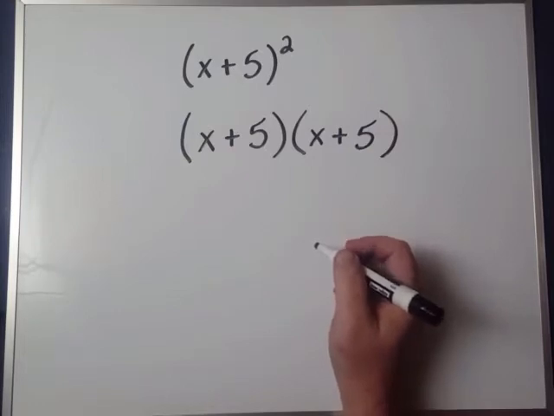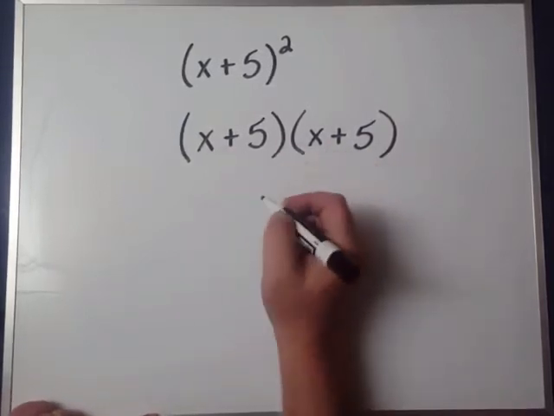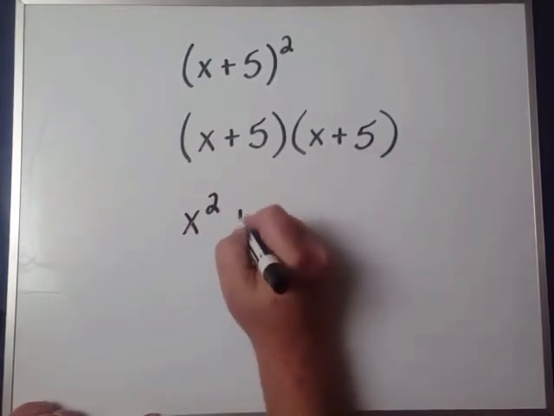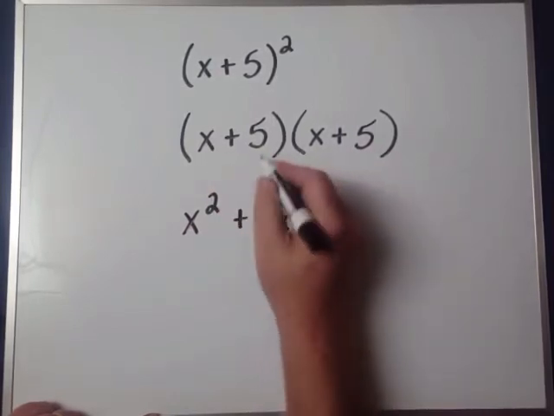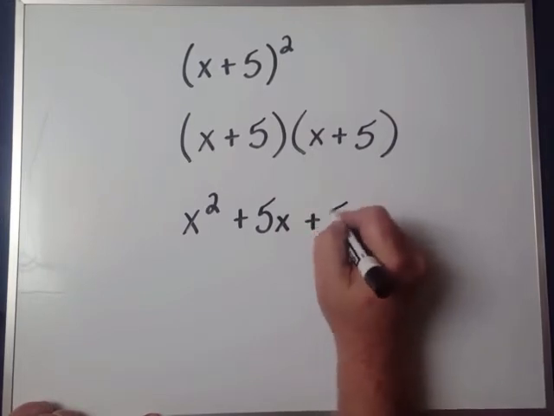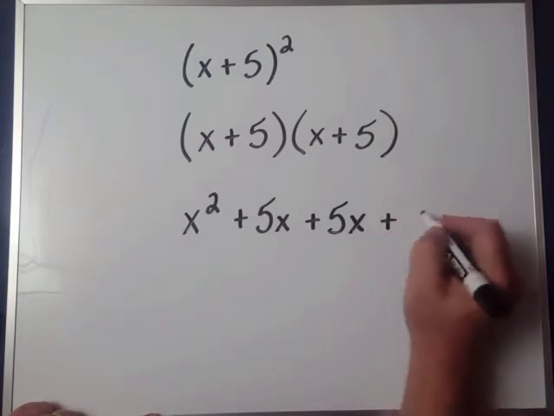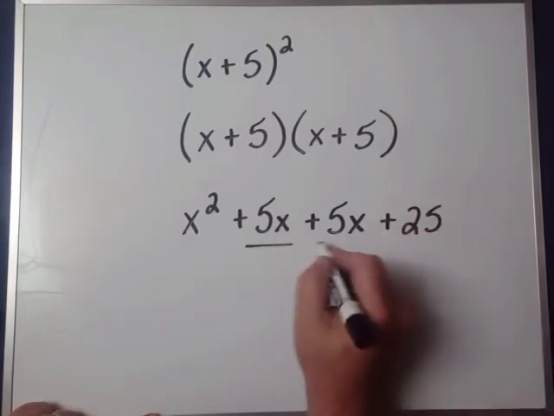And we finish this off multiplying the first, x squared. The outside gives me plus 5x. The inside also gives me plus 5x. Product of the last, 5 times 5 is 25. Combine like terms.